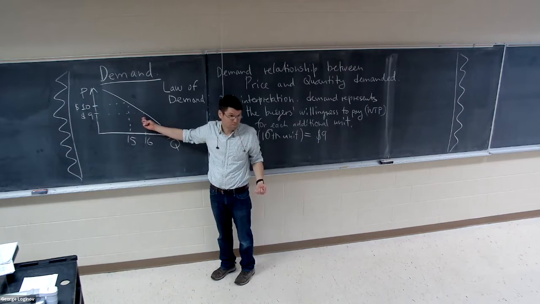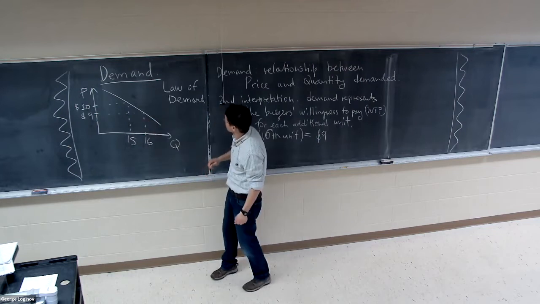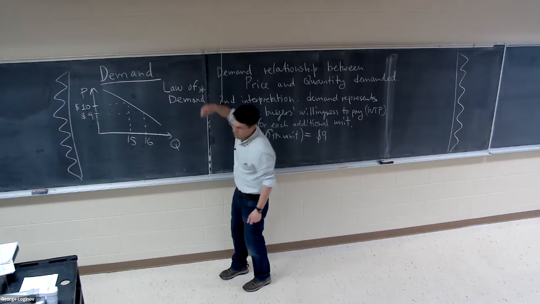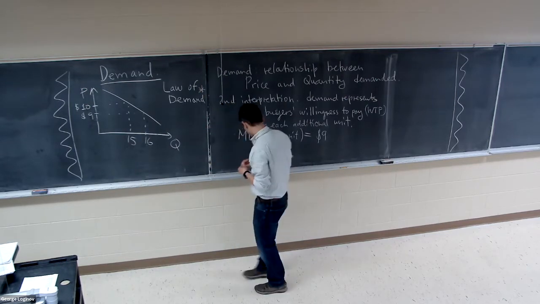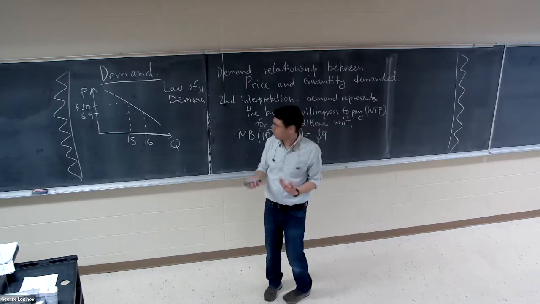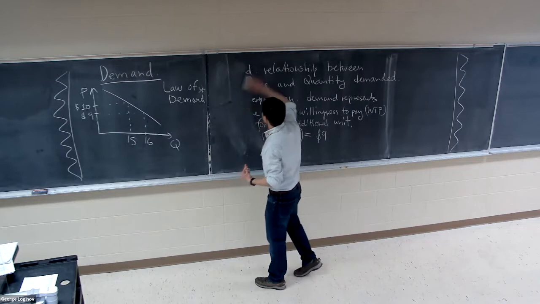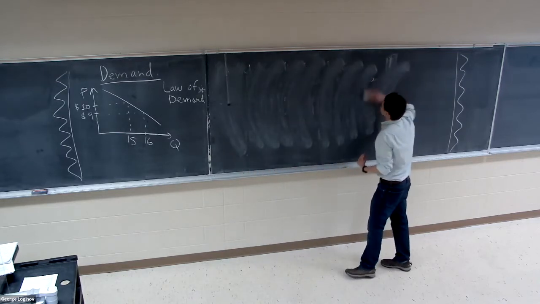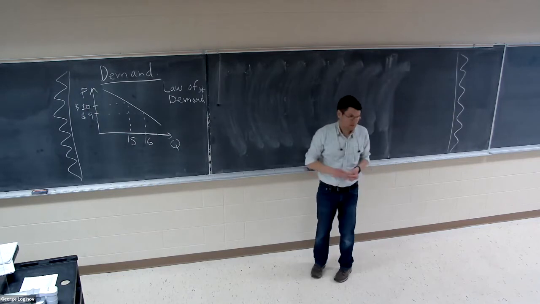Now, the law of demand comes with a huge asterisk, with a huge price tag. We can't just look at price and quantity in isolation. So the law of demand, if I want to be more careful, says that this relationship is negative, other things being equal.